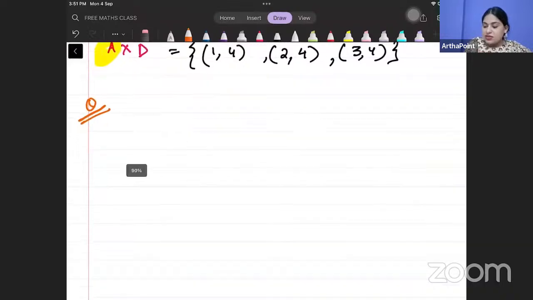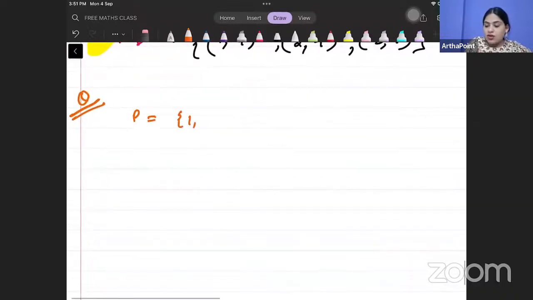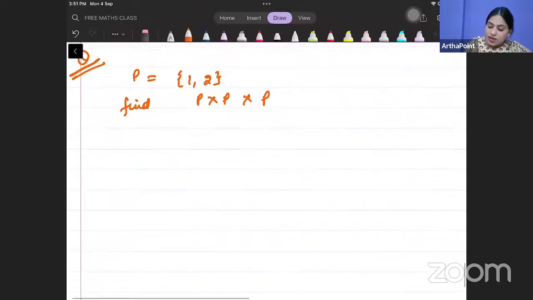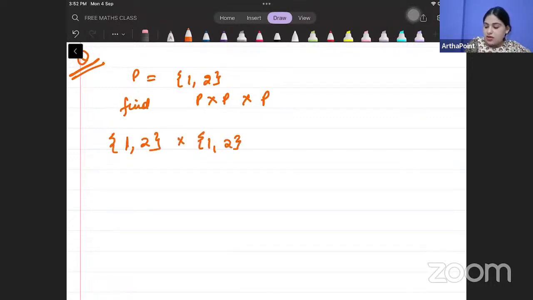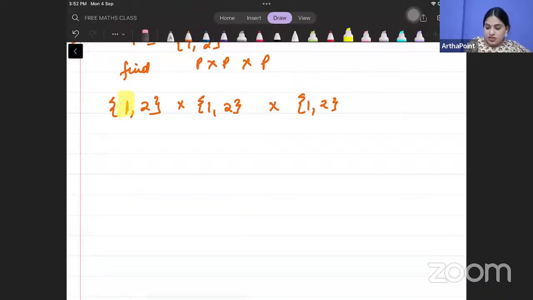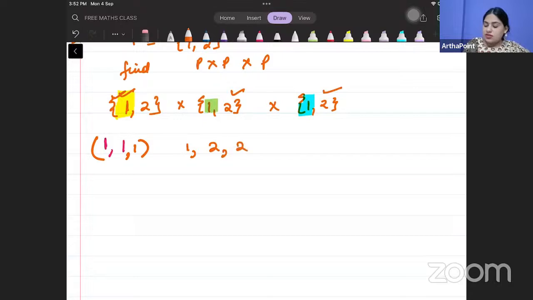It says P is 1, 2. Find P cross P cross P. So you have to find P cross P cross P. So you will start with the first element of the first P, first element of the second P, first element of the third P. Then keep the first element as it is, second element of this, and second element of this.